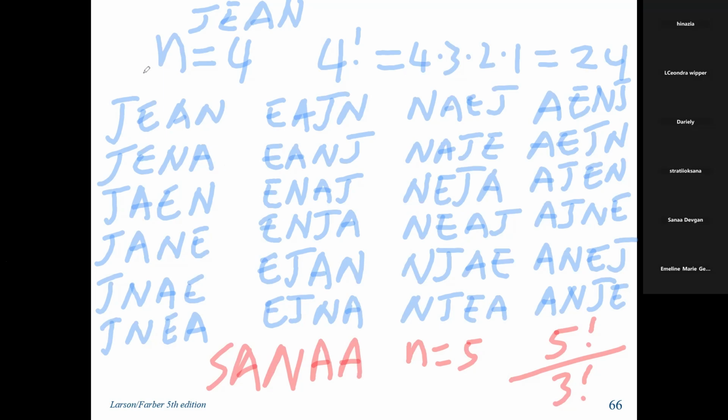My last name, Phanor, 6 letters, that gives you 720 different ways. My last name, no letter repeats. Yeah. All right. Good. Let's continue here.